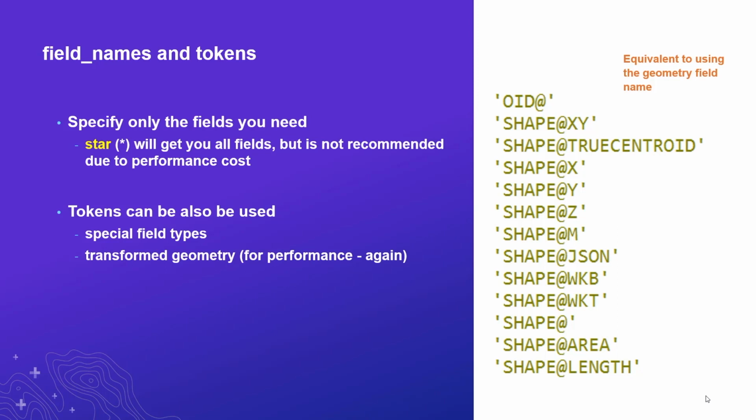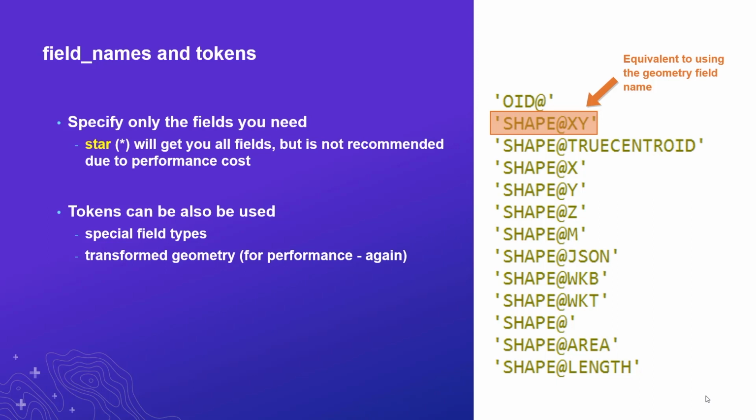The other problem with the star is that the order of the values in the list becomes unclear. Finally, when you're working with geometries, we use the equivalent of the shape at XY as a performance optimization. So in the instance of points, this is okay, but if you're using lines or polygons, the shape at XY will be basically the centroid of those geometries, which may not be desirable.